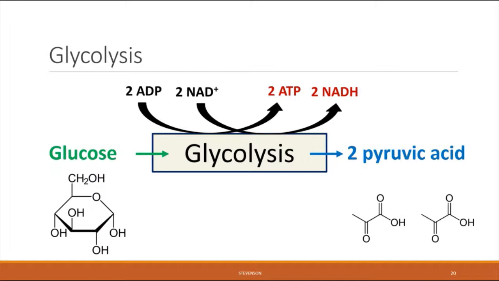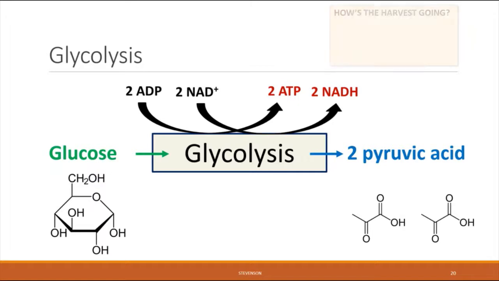And at the end of this process, we're going to see that the NADH molecules are eventually going to have their energy taken and converted into ATP molecules. So we're going to see some collection of NADH molecules along the way as well, but know that eventually they are going to be converted into ATP energy.